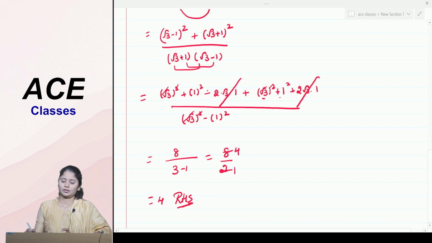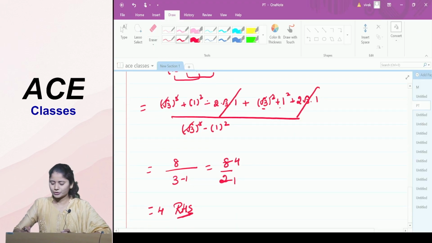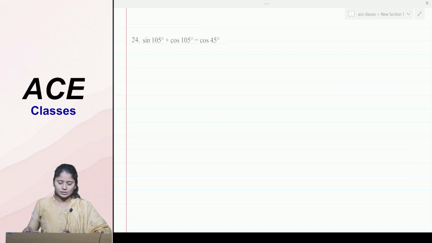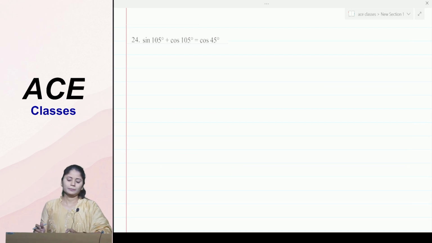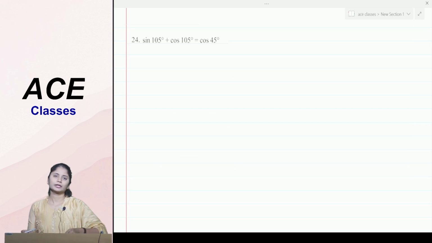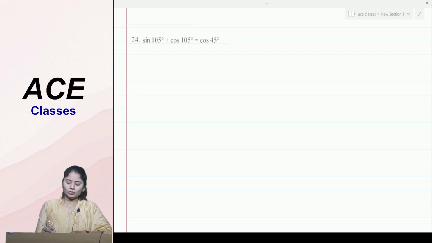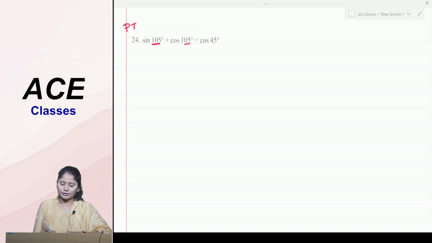Okay. Now we will move on with the next question. That is sin 105 degree plus cos 105 degree will be equal to cos 45. So 105 is not a standard value. So first let me find out the value of sin 105 degree.